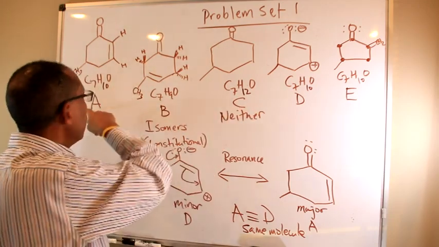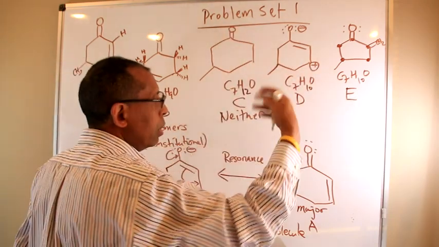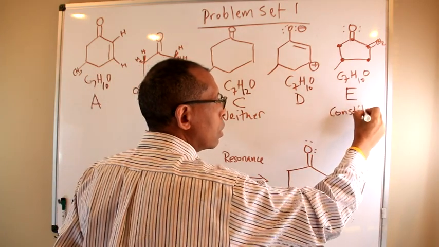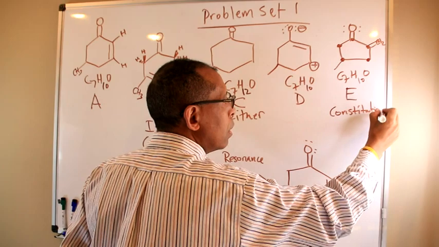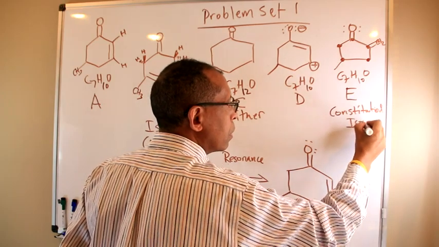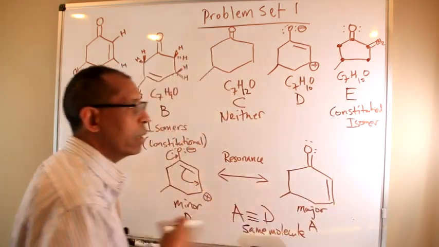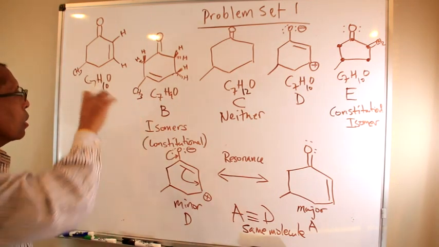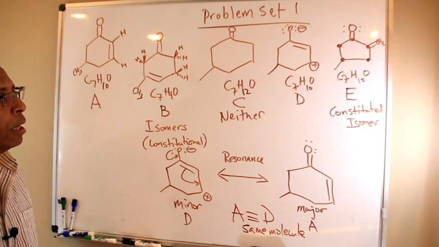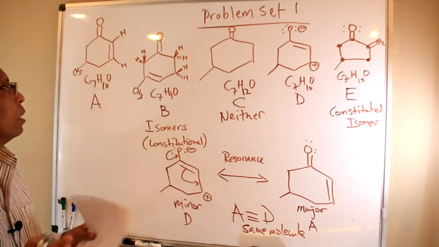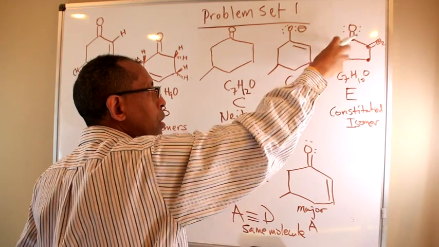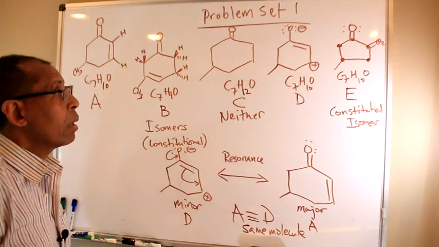Therefore, compound A is related to E as a constitutional isomer. They are not the same molecule, they are different molecules. The only thing they have in common is the same formula, but they are differently configured in the way the structure is composed.